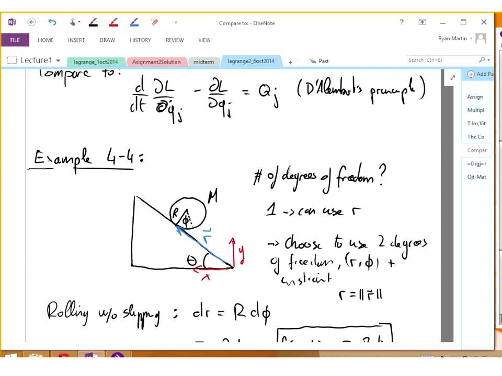And then we added the constraint of rolling without slipping, which in principle would remove one of the degrees of freedom. But actually there's 3 degrees of freedom, right? You could describe the hoop by the x and y position of the center of the hoop, and phi, the rotation of the hoop.